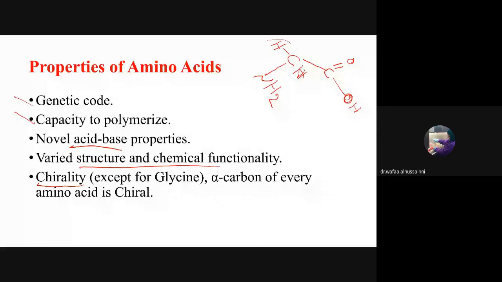Why is this not chiral? Because it doesn't have four different groups attached to it.